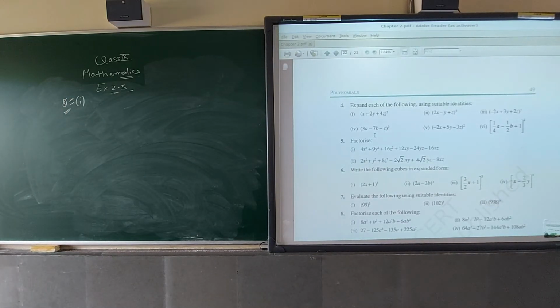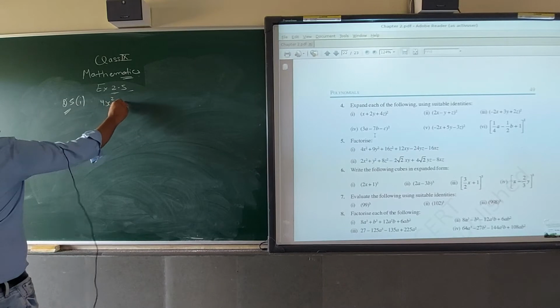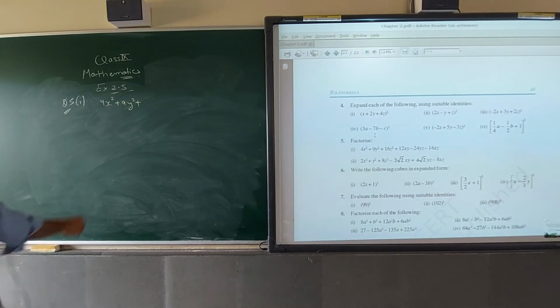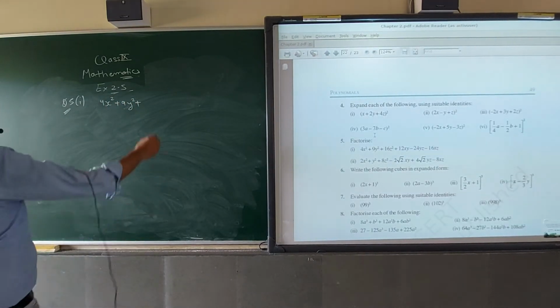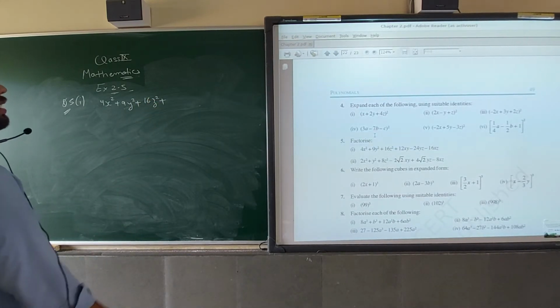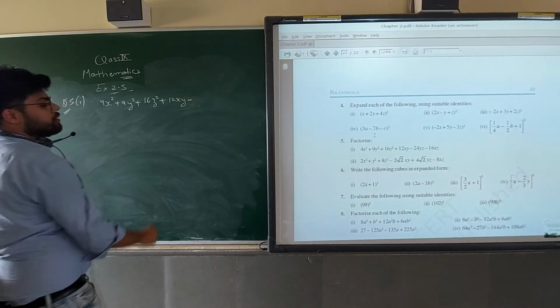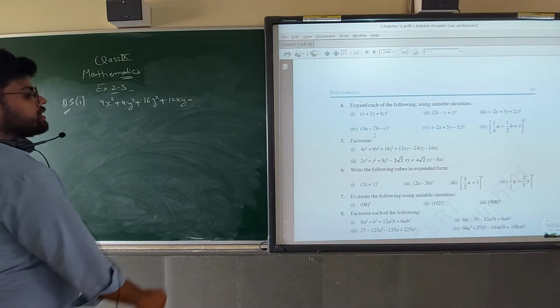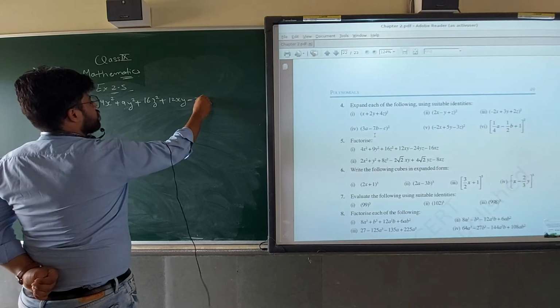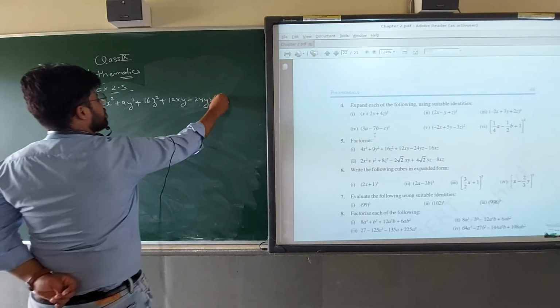In the first part, 4x square plus 9y square plus 16z square plus 12xy minus 24yz minus 16xz.